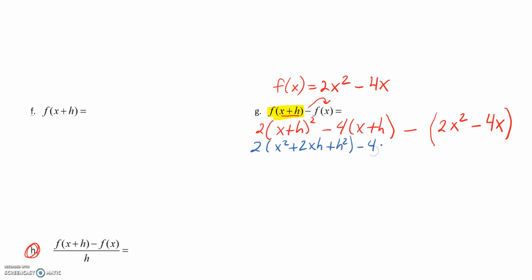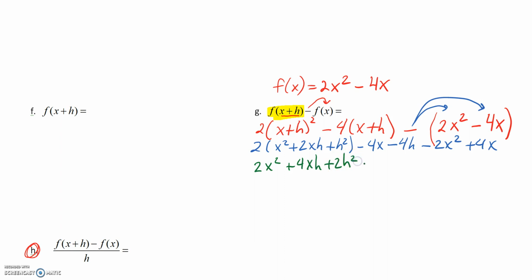Taking away, distributing the negative to both of them, 4x minus 4h, and then the subtraction is distributed once again, minus 2x squared plus 4x. And now, one last time, distributing the 2 in the front, I'm going to have 2x squared plus 4xh plus 2h squared. I'm just going to rewrite the rest of the function now.